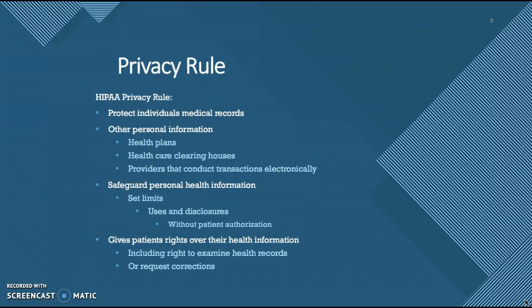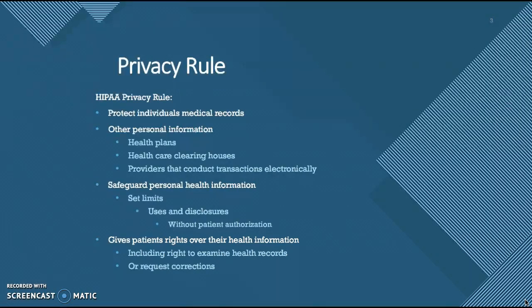Privacy rule. The HIPAA privacy rule establishes standards to protect patients' medical records and other personal health information and applies to health plans, healthcare clearinghouses, and healthcare providers that make any healthcare transactions electronically. Next, the rule also requires appropriate safeguards to protect the privacy of personal health information.